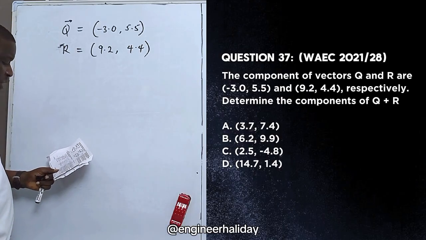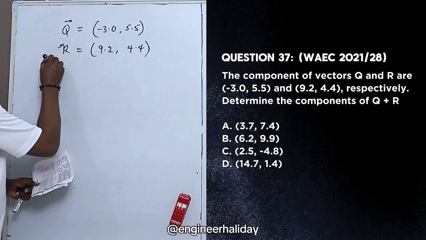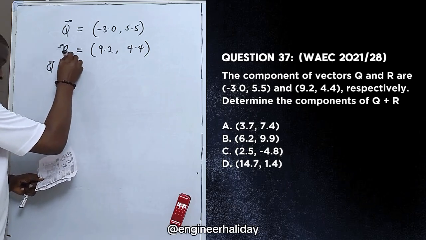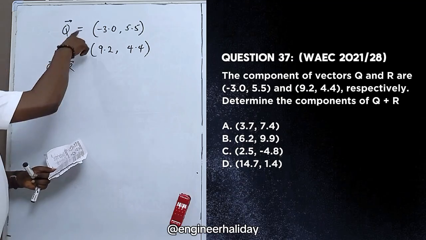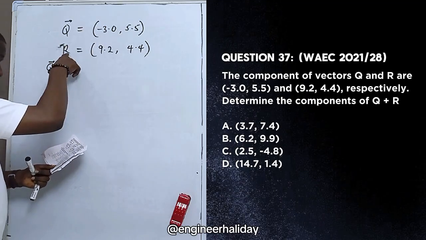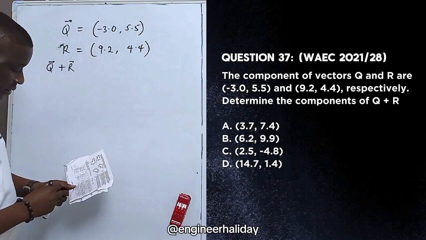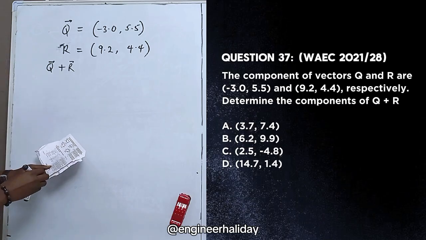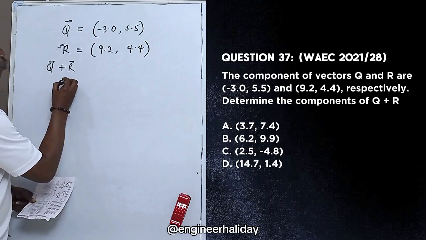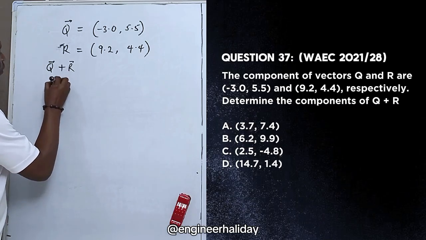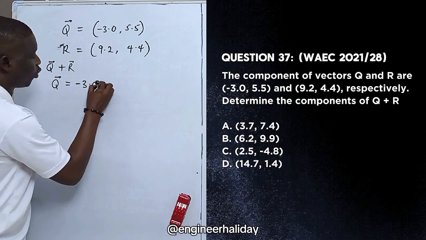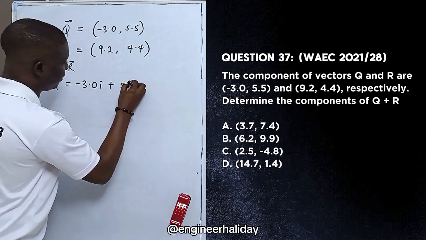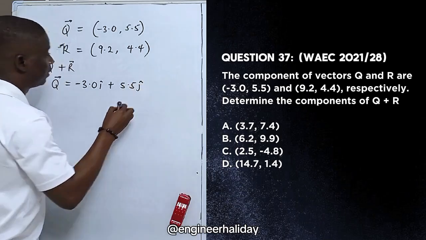So determine the component of Q plus R. Q plus R means the resultant. The components of vectors Q is this and R is this respectively. They say determine the component of what? Q plus R. So what we're going to do is vector Q can be written as 3.0i plus 5.5j.